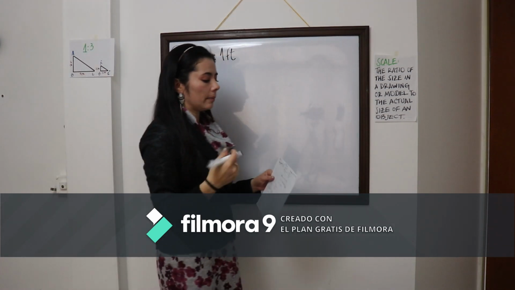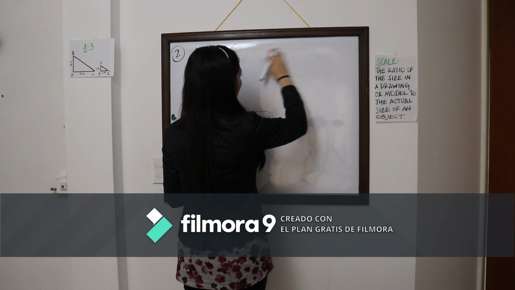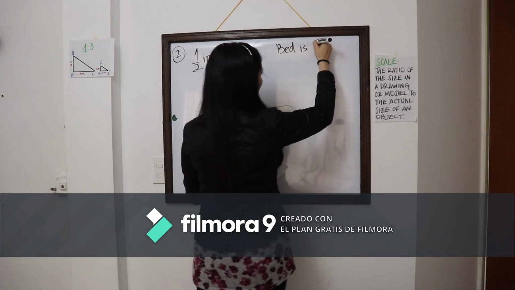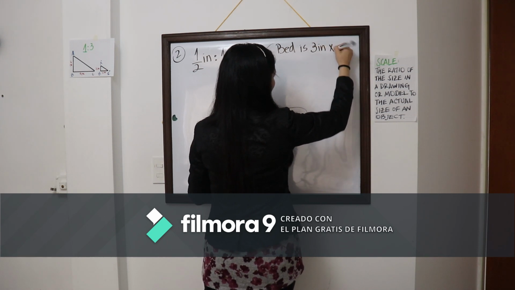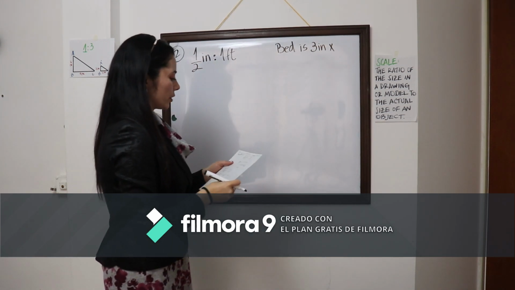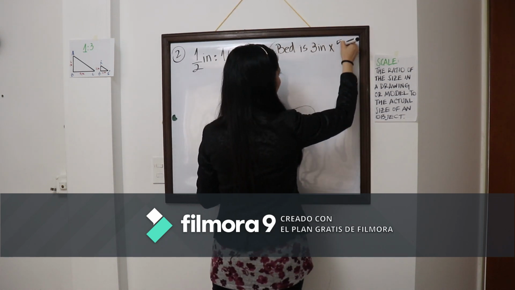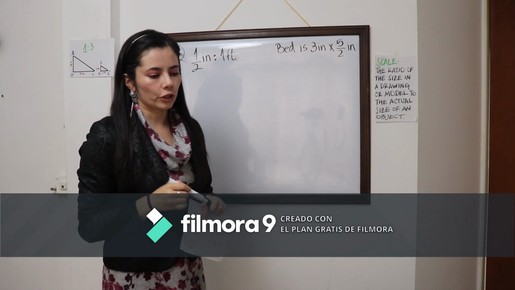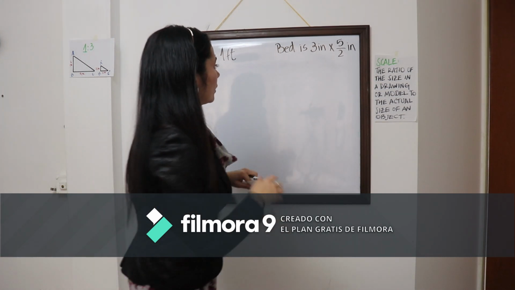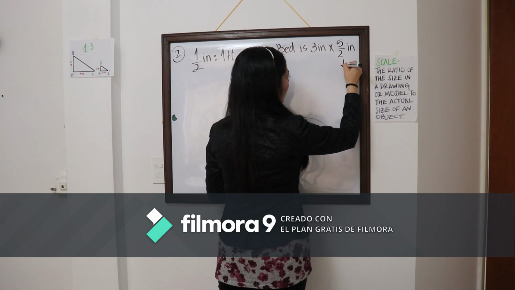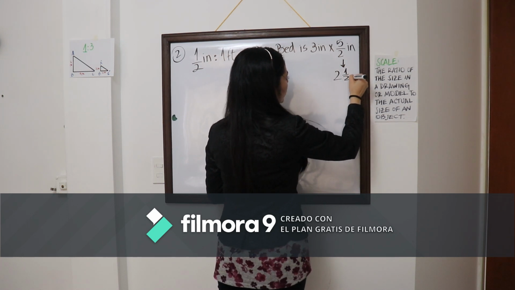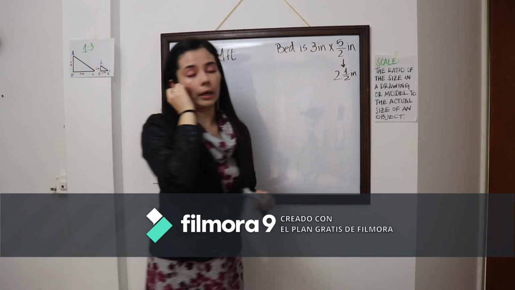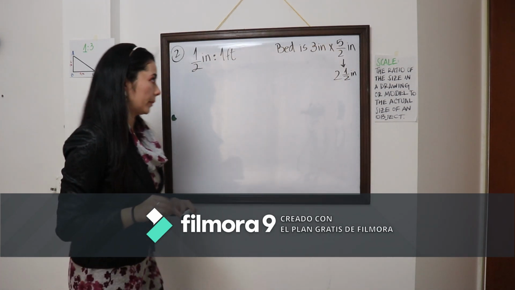And they're telling us the measures of the bed are actually 3 inches by 5 halves of an inch. Okay? Well, actually, those 5 halves in the book are called 2.5 inches. I just converted into an improper fraction just because it's easier to work with them that way.